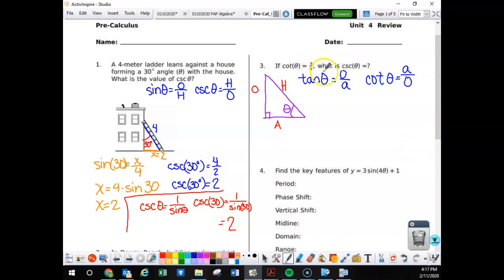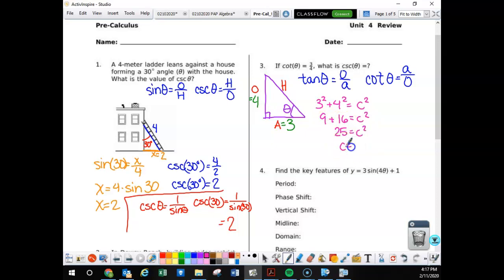And so here this is already a fraction. So that means the adjacent is 3 and the opposite is 4. And so I have a 3, 4, and then I have to figure out that other side using Pythagorean theorem. So 3 squared plus 4 squared equals c squared. 3 squared is 9 plus 4 squared, which is 16. 9 plus 16 is 25.